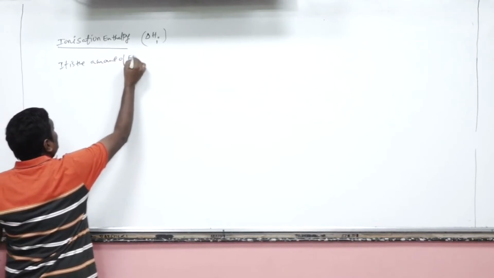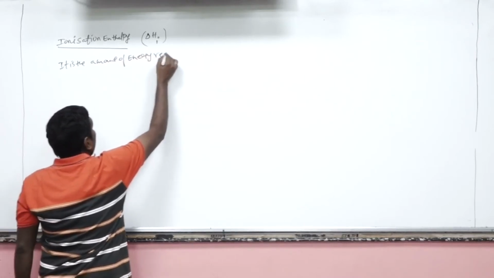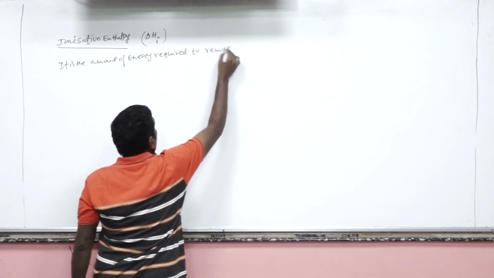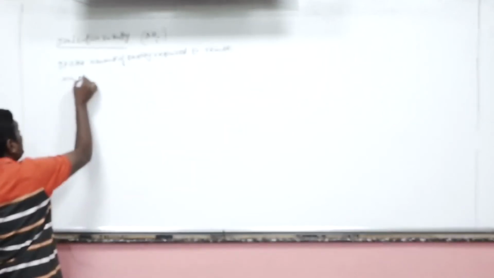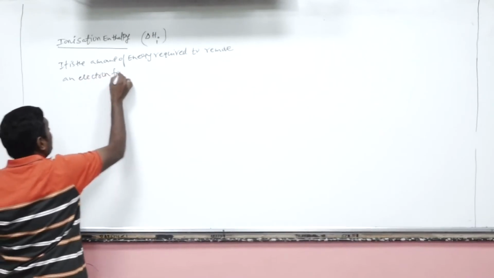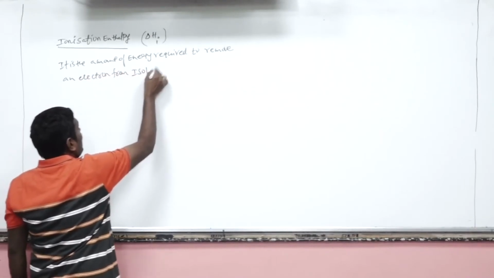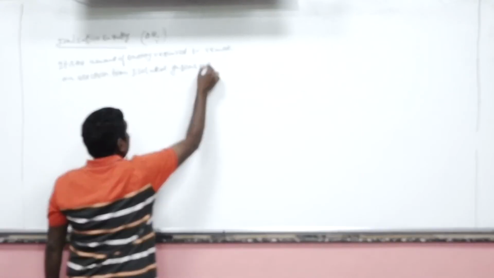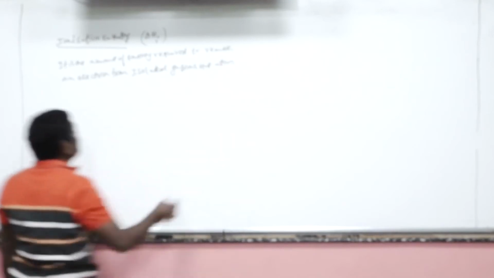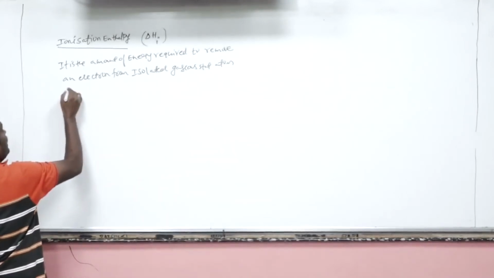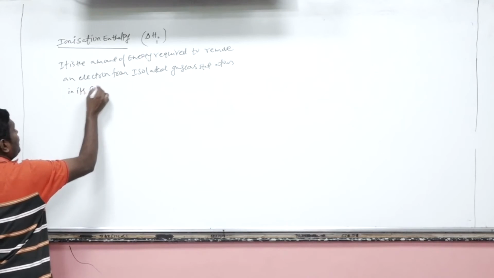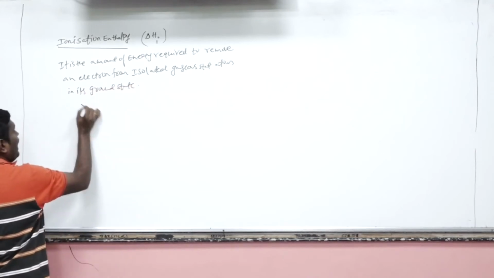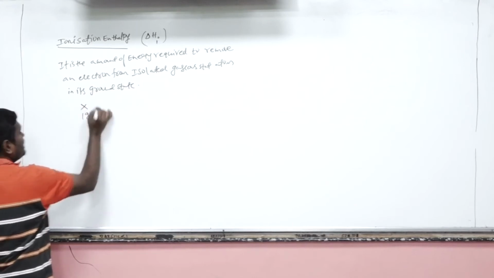It is the amount of energy required to remove an electron from an isolated gaseous state atom in its ground state. Let's suppose I have an atom X in gaseous state.